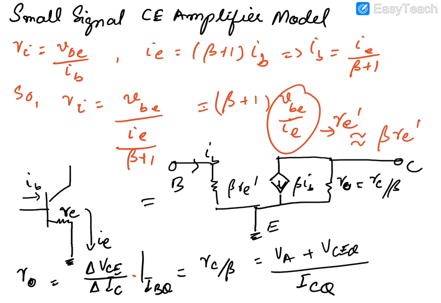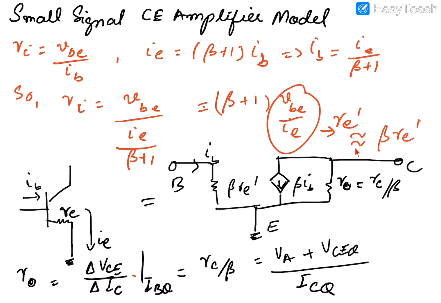So Ri is equal to base to emitter voltage divided by this current IB, and from this we have found that Ri is equal to beta plus 1 times VBE over IE, where VBE over IE is equal to Re dash, the emitter resistance in case of common base configuration.